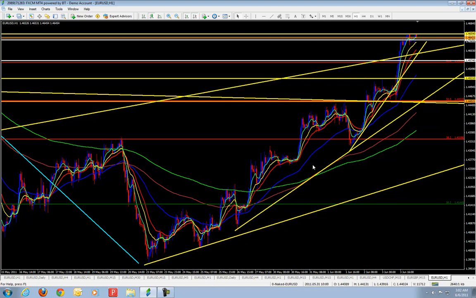I love moving averages. I really do. I can't trade without them, because moving averages are respected. If you look here, price is riding the 21. In one of my posts on this thread, I compared it to a roller coaster.